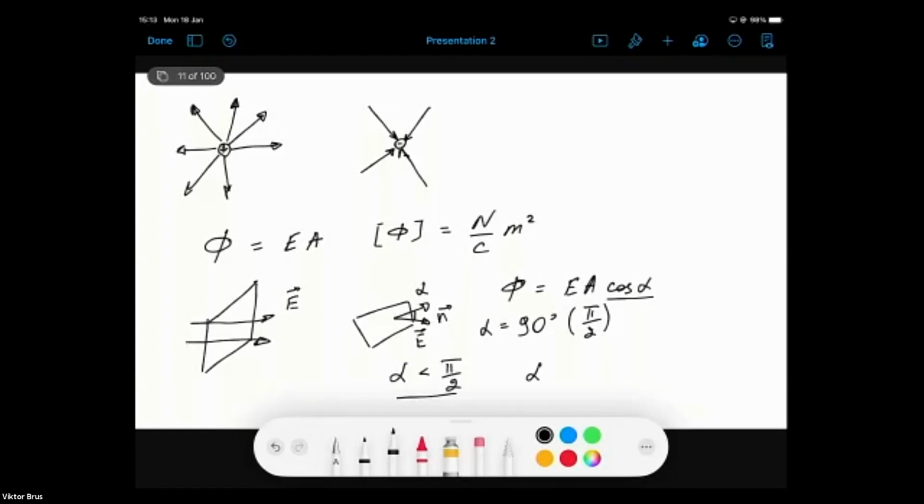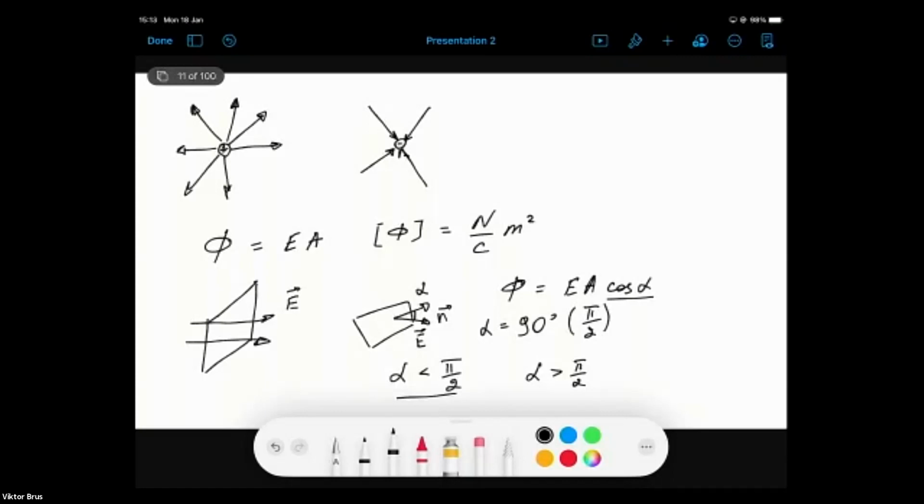And if alpha is larger than pi divided by 2, then the flux will be negative. So these are general statements about the concept of flux of electric field.